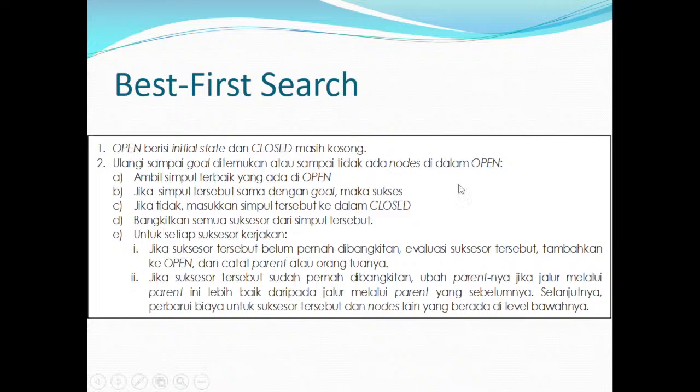The difference between uniform cost search and best first search is that in uniform cost search, we use the actual values, meanwhile in best first search, we use the estimated values. Okay, so we have two functions in there.